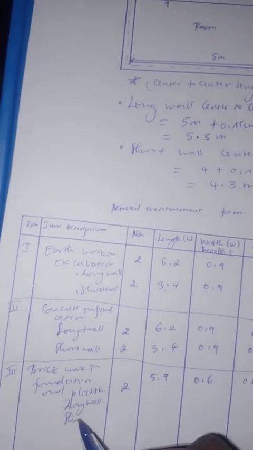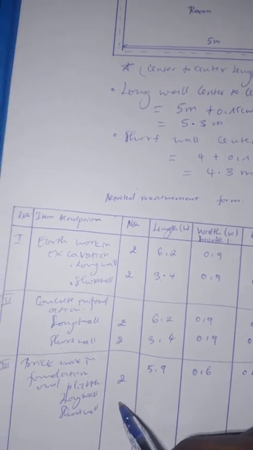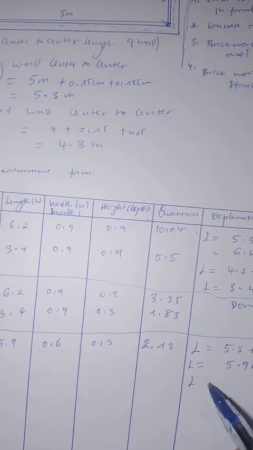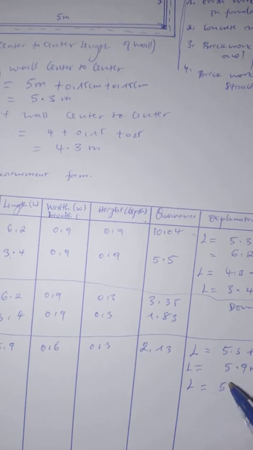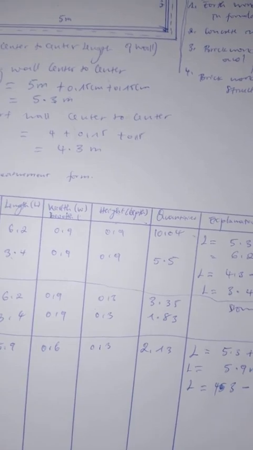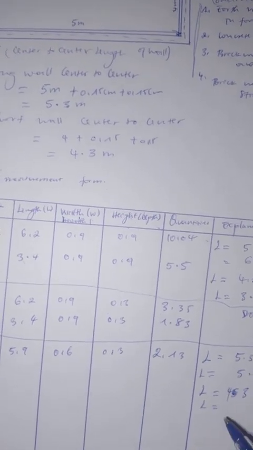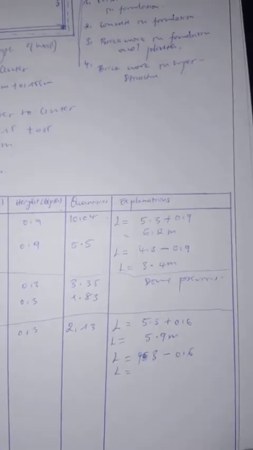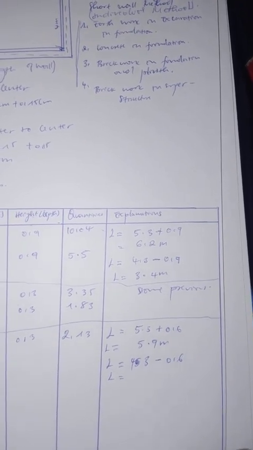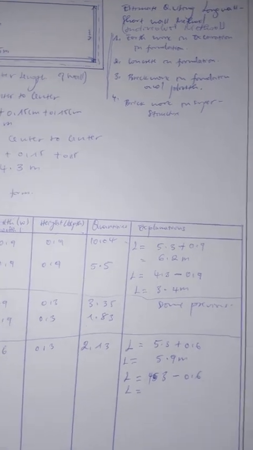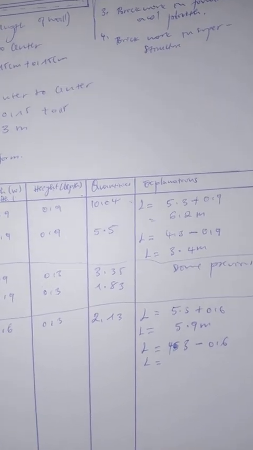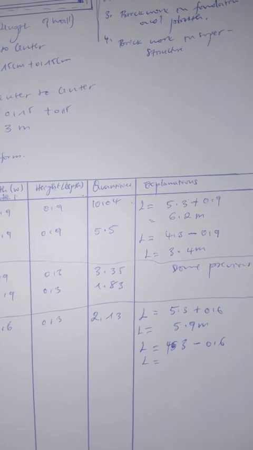For short wall, number of wall is equal to 2. Then the length is taken as 4.3 minus 0.6.